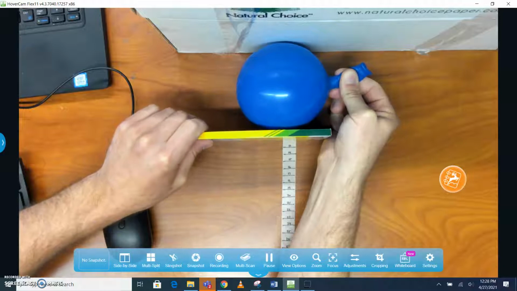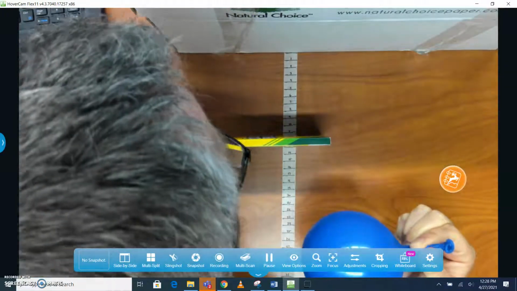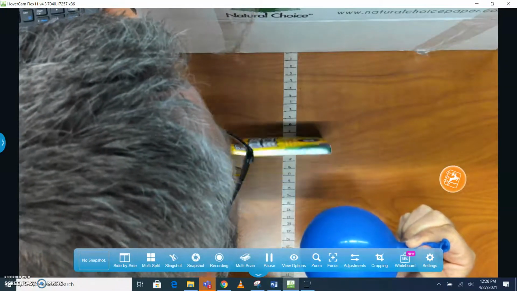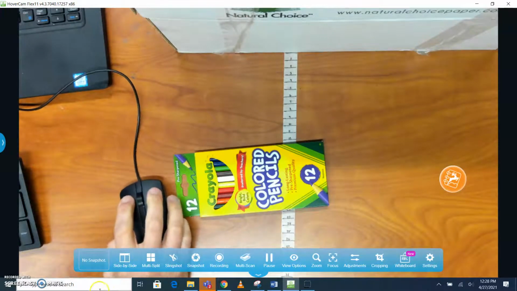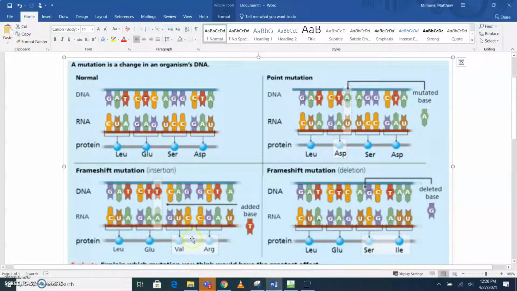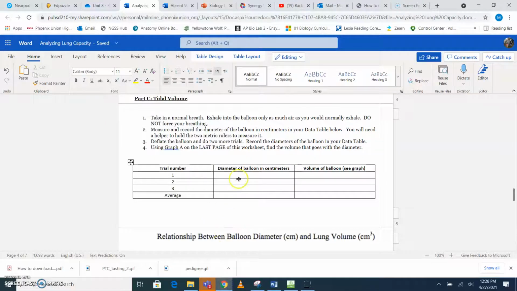So get my straight edge here. It looks like the measurement here is 11.5 centimeters. So I can plug in again for my data here, 11.5 cm. You can then take that number to the graph below to get the volume. You should know how to do that at this point.